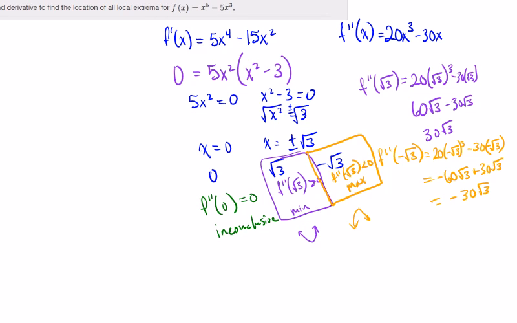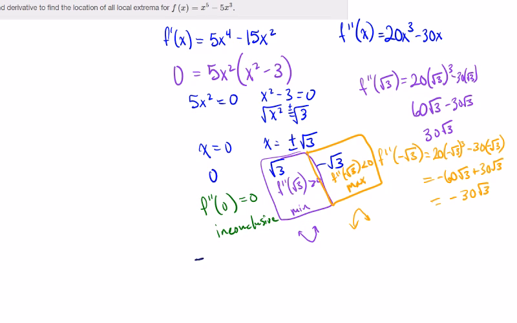Now, since this was inconclusive, we can fall back on the first derivative test if we wanted to. So we could plug in a value that is between negative root 3 and 0. So like negative 1 would work. Negative 1 is between those two. If I plugged negative 1 into the first derivative, it would basically be 5 minus 15, so it would be negative.